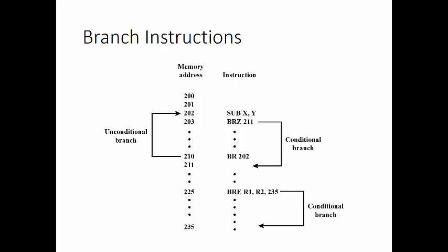Branch to location X if it's positive, branch to location X if it's negative, branch to location X if it's 0, and branch to location X if an overflow occurs. In all these cases, the result referred to is the result of the most recent operation.